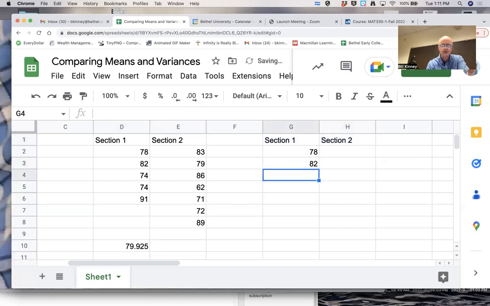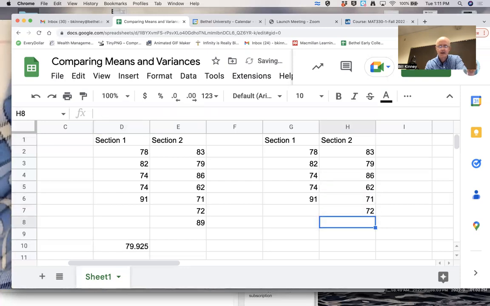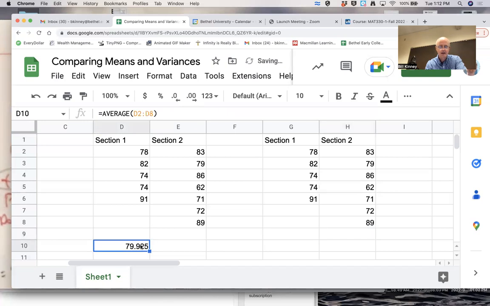On my calculator, I was using the fully rounded numbers, but the spreadsheet is keeping more accuracy internally. There we go, 79.8. And 77.429.